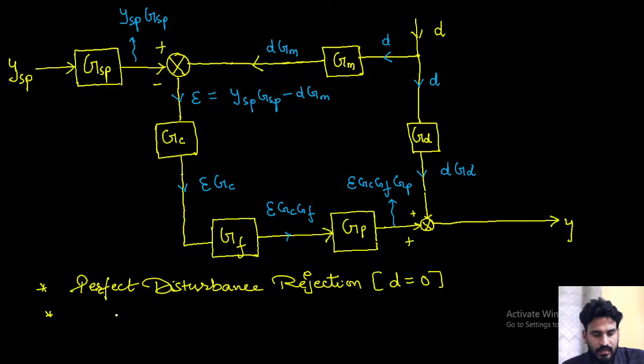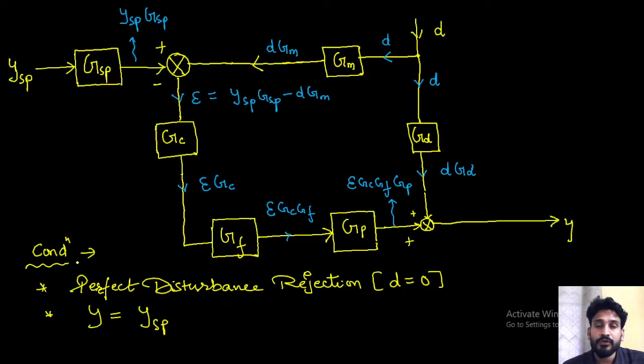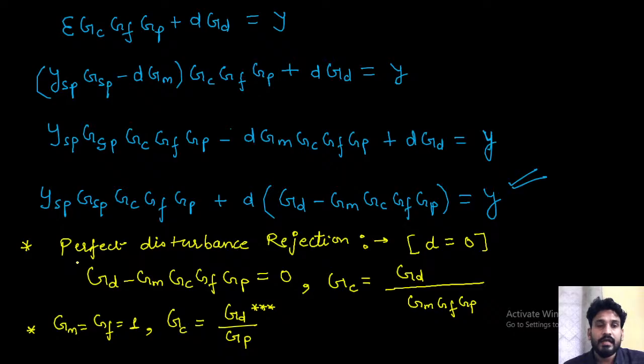Second, whatever your output is, that must be equal to the set point. These are the two conditions. My output should be equal to the set point. It is clear. So by using one condition, I calculated the controller transfer function.